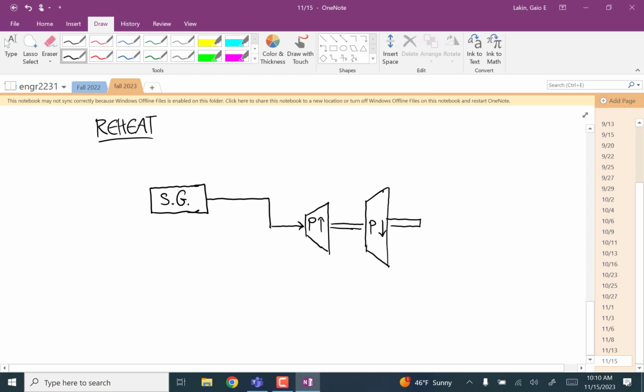The working fluid goes through the high pressure turbine, and then goes back to the steam generator, where it's reheated and then sent to this second stage lower pressure turbine. And you get this total amount of work.